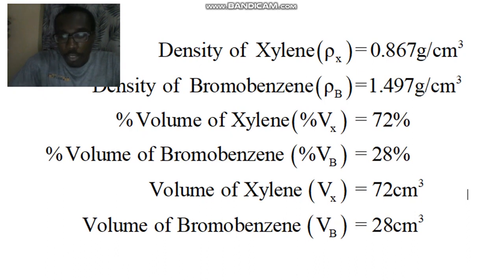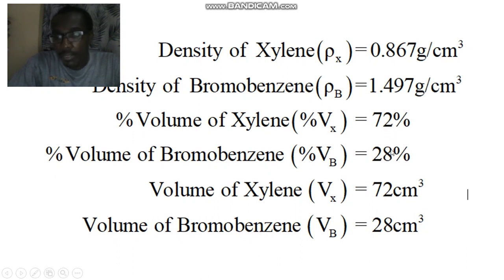One thing I want you to look at here, it's worth noting that you can see 72 cubic centimeter here, and you see 72% over here. Over here, you see 28 cubic centimeter, and you see 28% over here. Now, it's interesting to note that we are dealing in percentages.